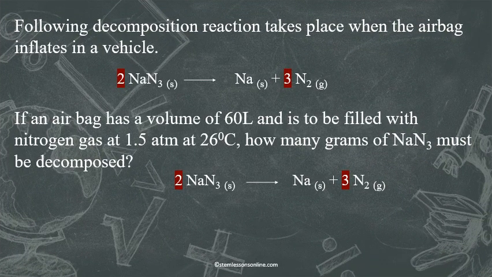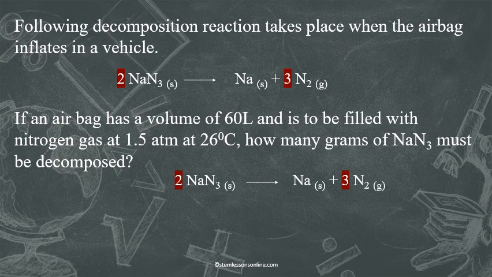So now, the following decomposition reaction takes place when the airbag inflates in a vehicle. If an airbag has a volume of 60 liters and is to be filled with nitrogen gas at 1.5 atm at 26 degrees Celsius, again, this is not under standard condition.